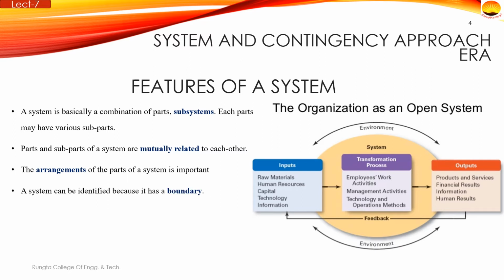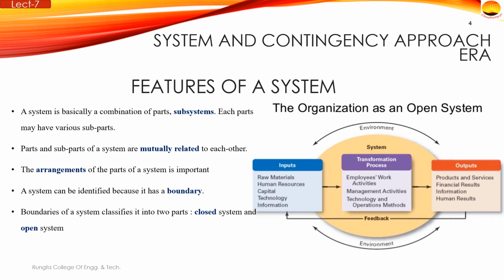A system can be identified because of its boundary. Yes, every system has its boundary. When I say boundary, it means it has its own limitations within which it has to work. Boundaries of a system classify systems into closed system and open system.